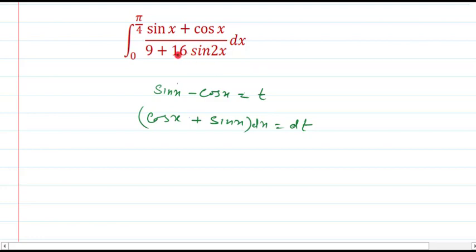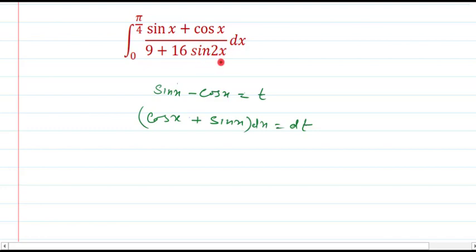Now let us look at the denominator. The denominator is 9 plus 16 sin 2x. If you remember, you have done this type of question in indefinite integration also. So we need to change the denominator in such a way that it gives us some identity of indefinite integration.